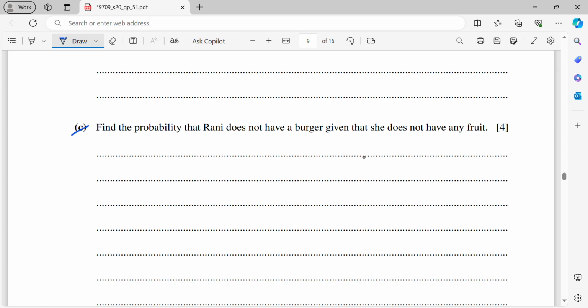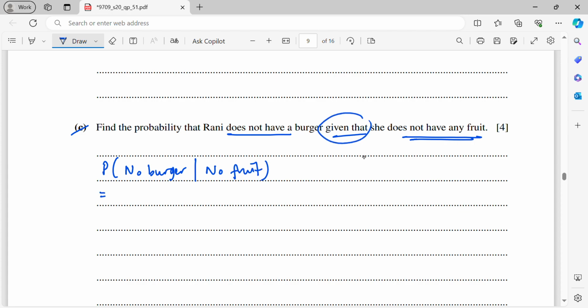Now, part C, find the probability that Rani does not have a burger, given that she does not have any fruit. So now here, no burger, right? No burger, given that no fruit. So this is conditional probability because of given that.